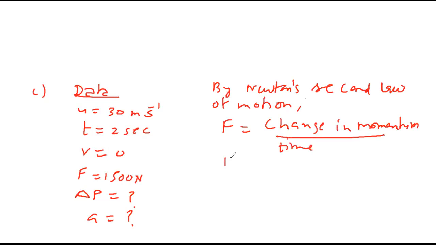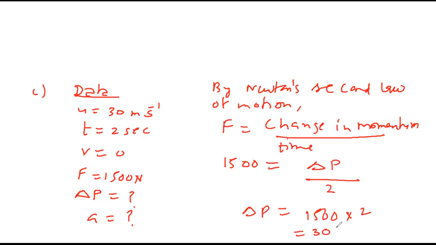So force is 1500, change in momentum delta p, time is given 2. So change in momentum is 1500 into 2, which will become 3000. Unit is kg for mass, meter per second for velocity. Then find what is acceleration. Please copy till this.